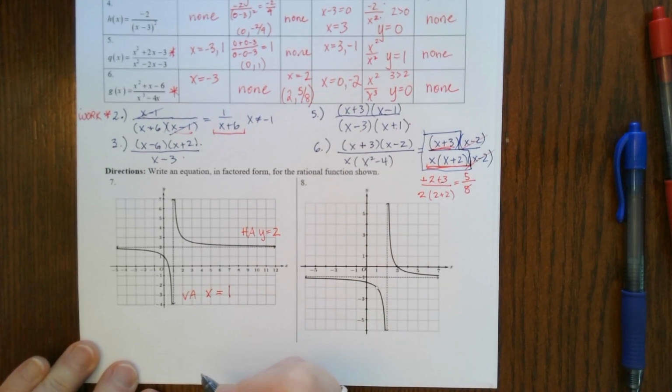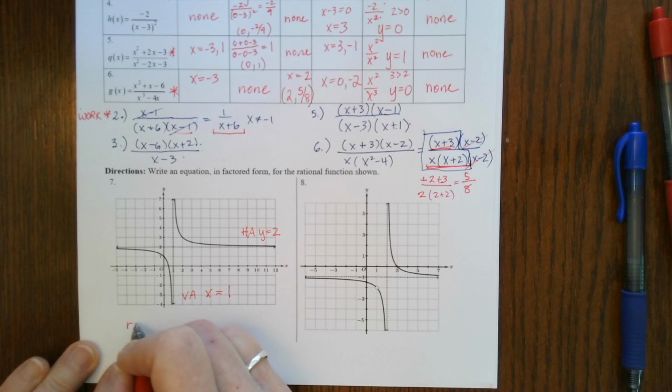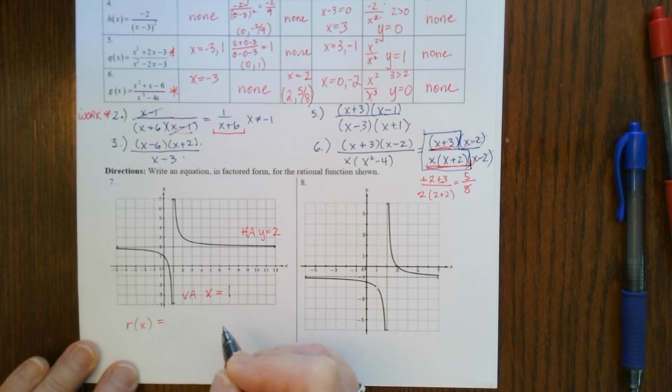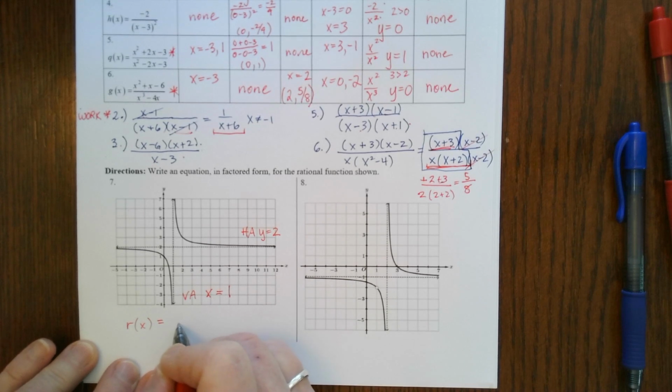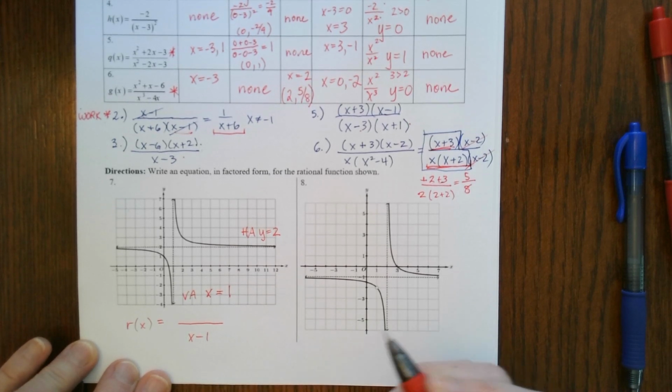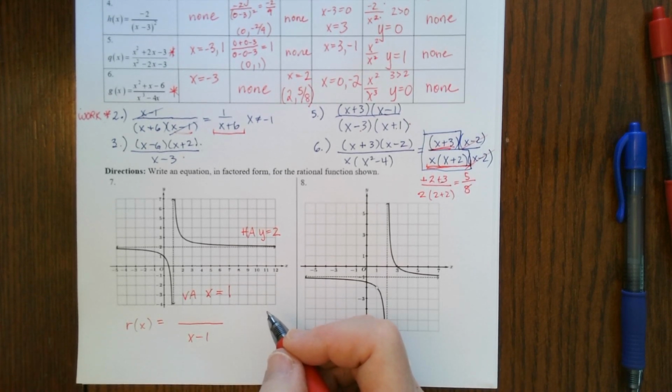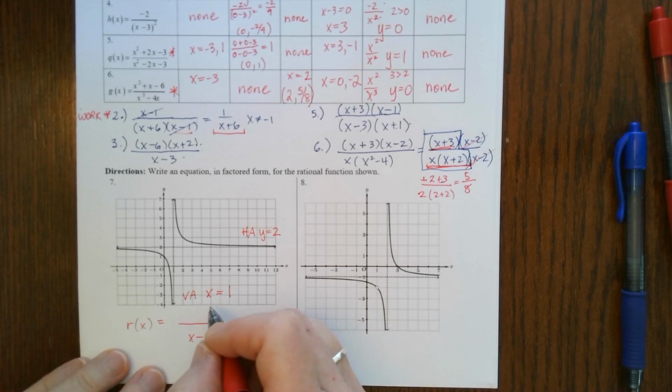So our function, call it r of x, will have a factor of x minus 1 in the bottom. We need the same degree in the top.